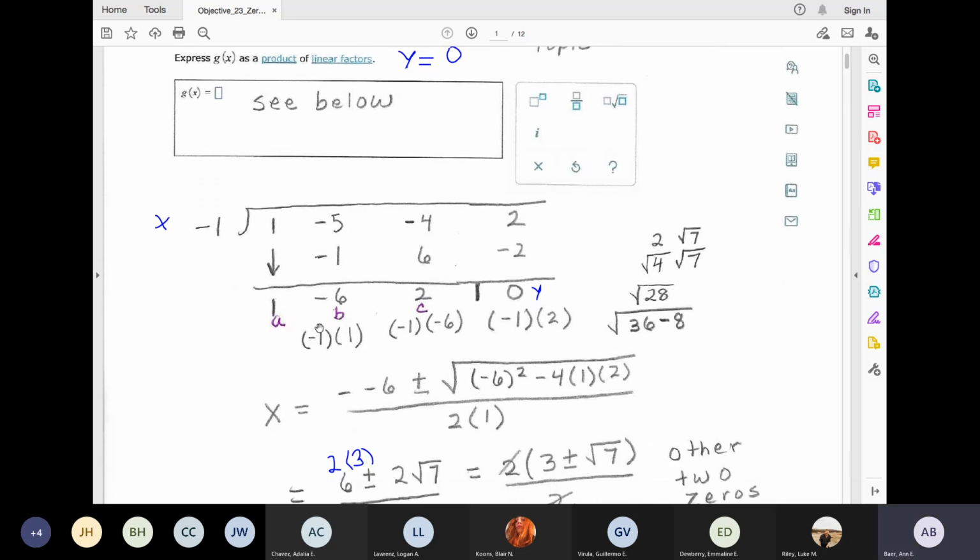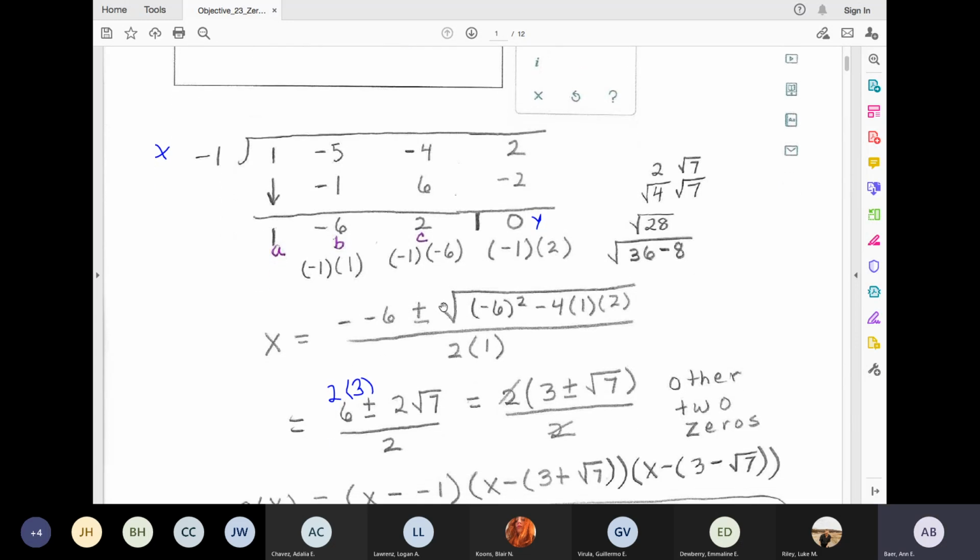Since these are the coefficients of a quadratic, we can use the quadratic formula. If you want to make sure you're writing those a, b, and c down, you want to split this last number off, which is why I usually put a vertical bar here. What's left on this side are the coefficients of a quadratic.